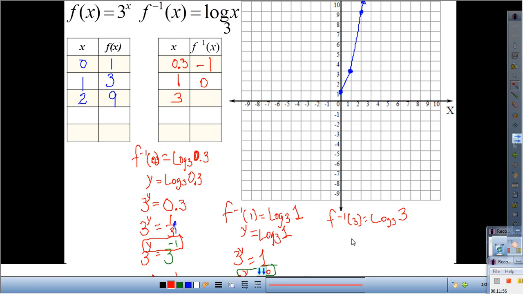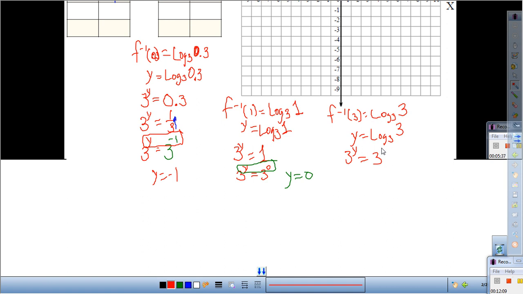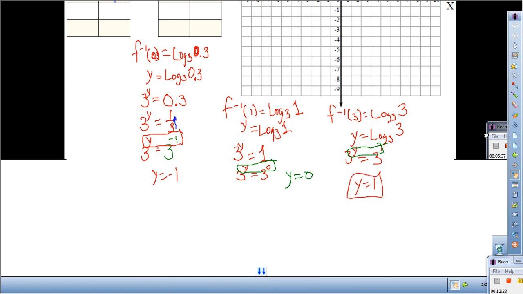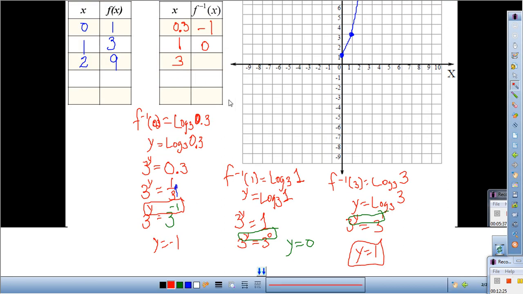So this becomes y equals log base 3 of 3. So this is 3 to the y equals 3. All right, what's the invisible exponent here? 1. All right, so there we can solve. It's already set. So what do we have? y equals 1. That goes right there.